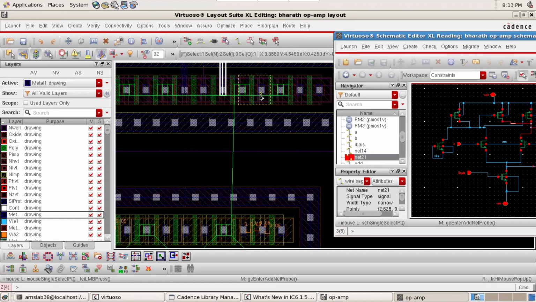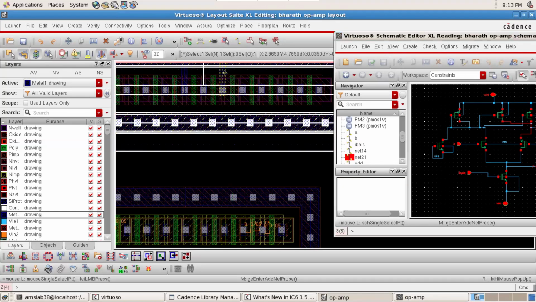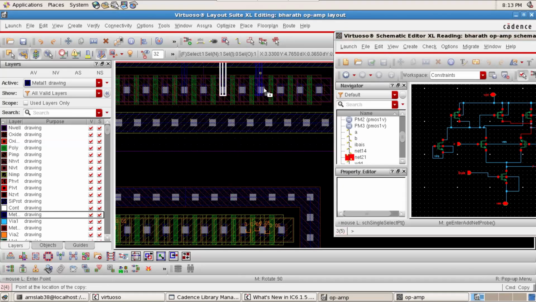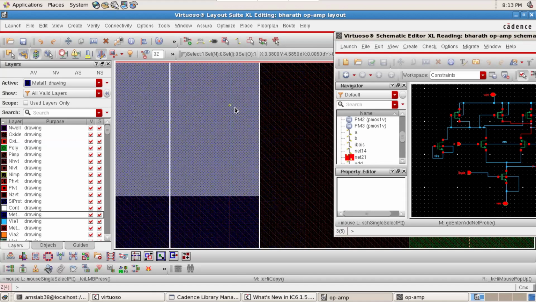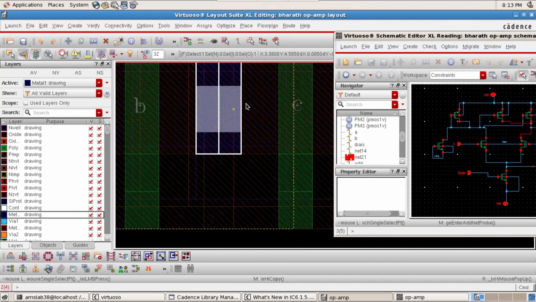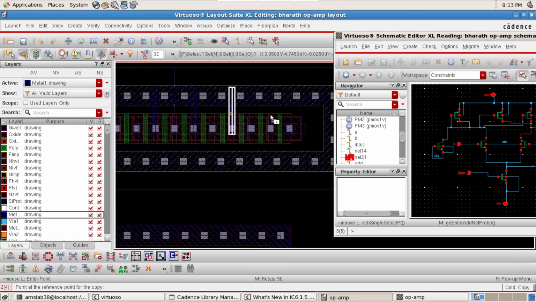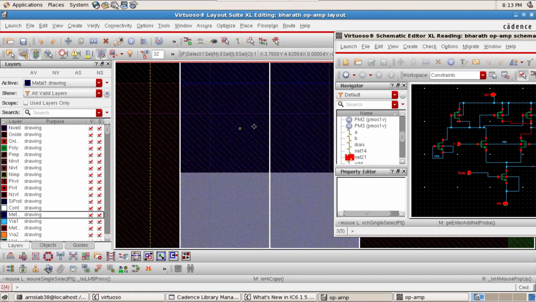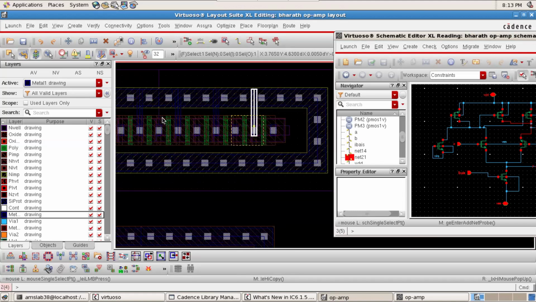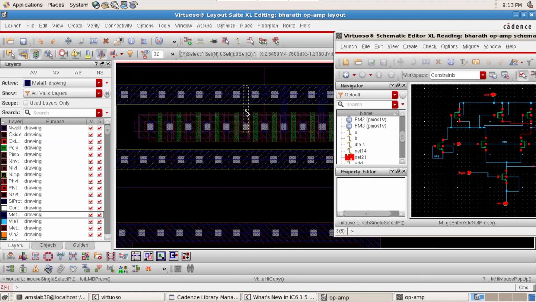One more, this terminal is also source. This terminal is also supply, and this one is also supply, in an alternate manner.